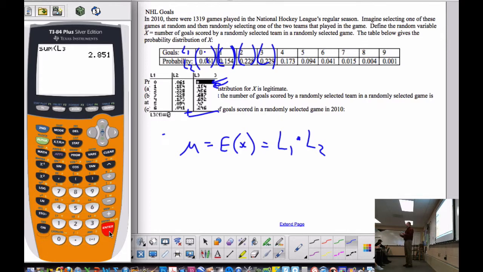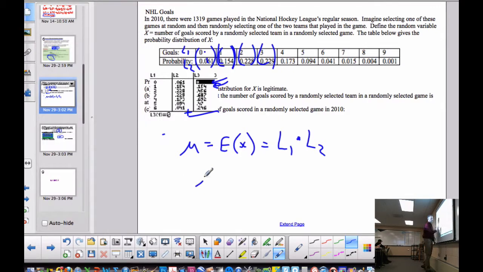Now, I'm guessing a lot of you might forget that a month from now. So you can always go to stat, calculate one variable stats for list 3. We've done that. This right here, the sum of x, is your 2.851. It is the sum of that column. Most people will probably remember that.